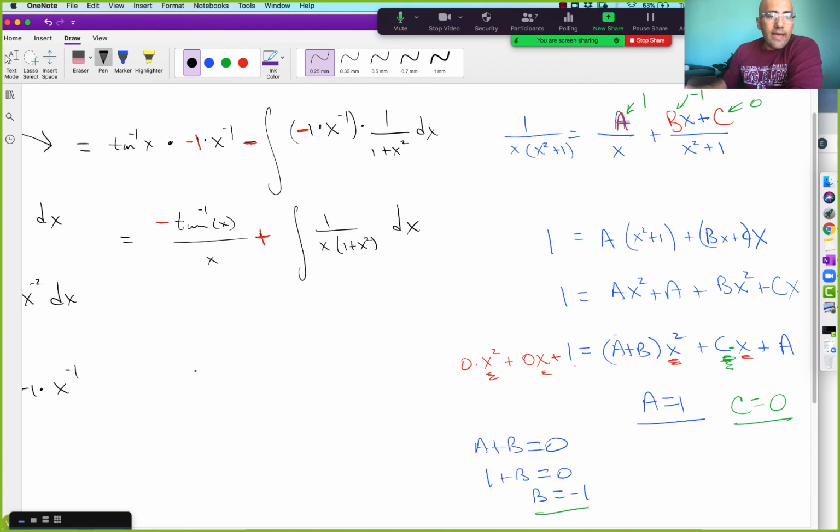So going back over here, I end up with negative tangent inverse of x over x plus the integral of 1 over x, and that looks like it's a minus, so I'll say plus minus x all over x squared plus 1 dx.